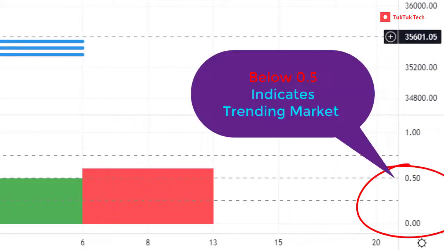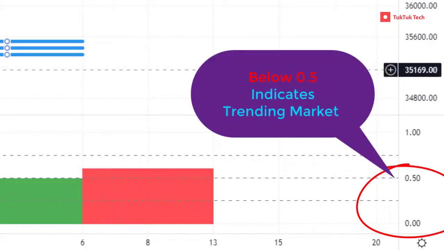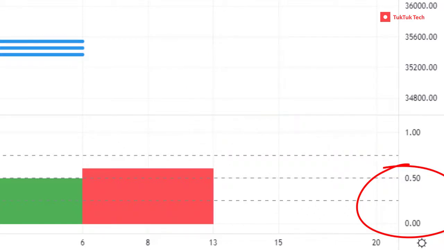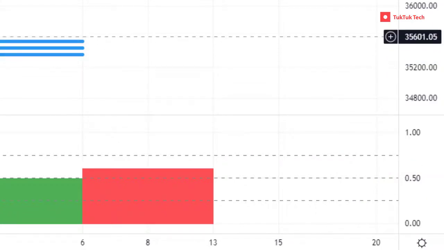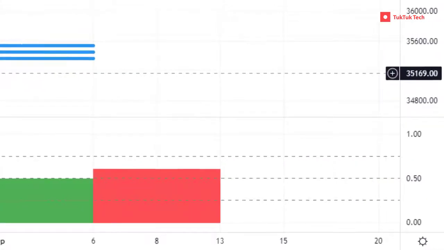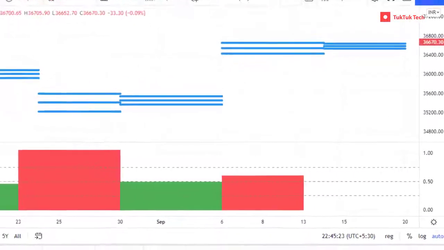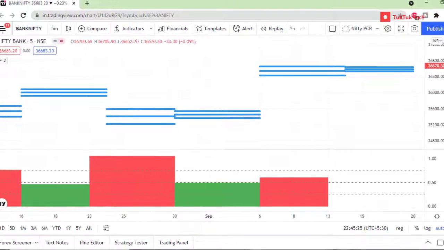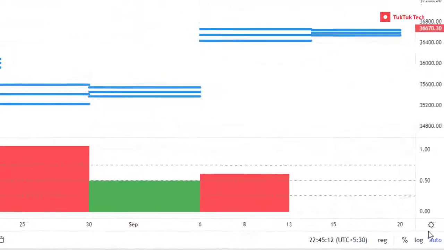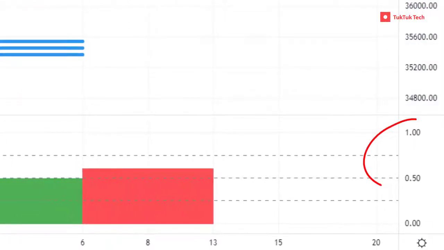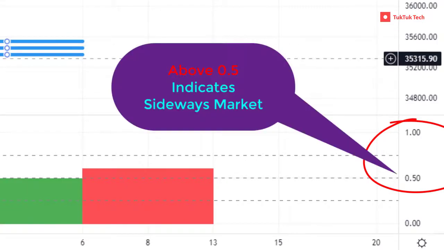Basically, any reading below the midline of 0.5 indicates a trending type of week, and reading below 0.5 will be highlighted in green color. While any reading above the midline of 0.5 indicates a sideways or trading range week.